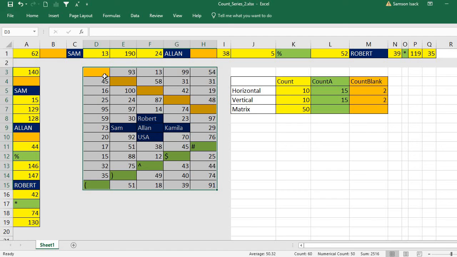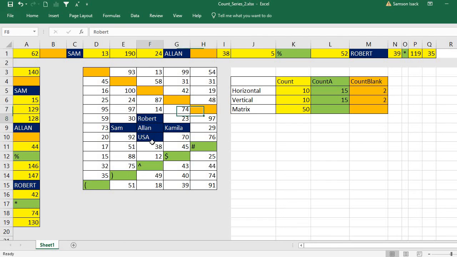You see the blank ones I put in the diagonal, 5 blanks, 5 text and 5 special characters. Totally 15 cells, minus off from 65 is 50 numerical values.